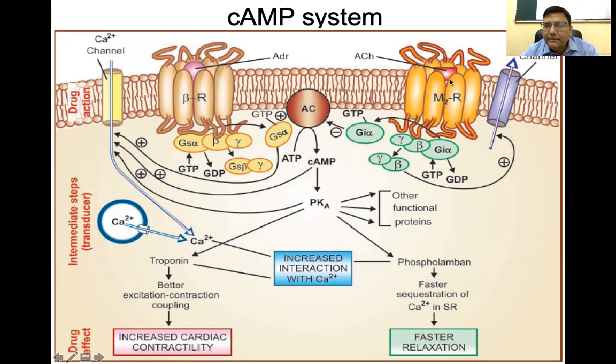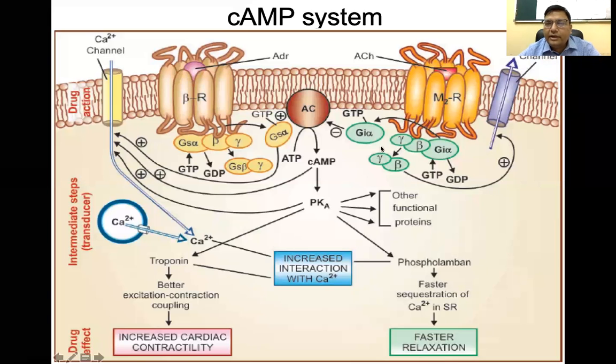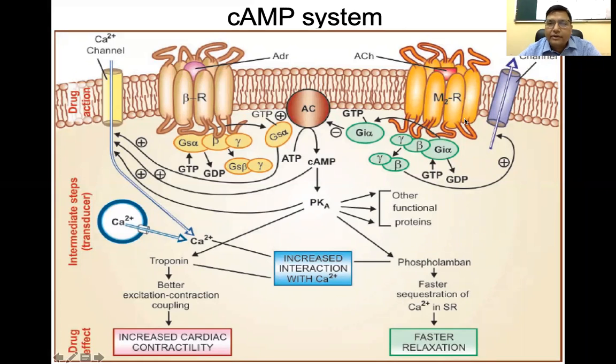Then coming to the G inhibitory on the myocardial cells, it is the cholinergic receptor, the M2 type receptor, which is going to inhibit the cardiac myocyte. So it acts through the G inhibitory one, where there is removal of the beta and gamma subunit by the hydrolysis of GTP, and this activated G inhibitory then goes and binds with the adenyl cyclase, and inhibits the activity of the adenyl cyclase.